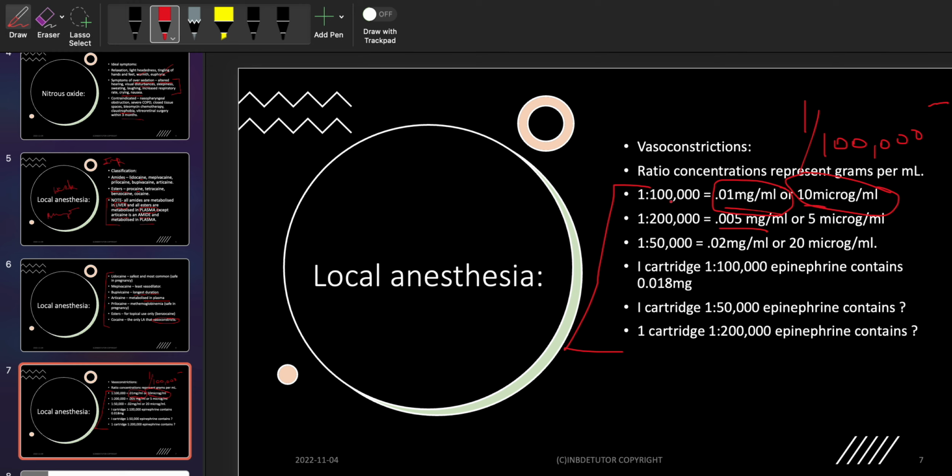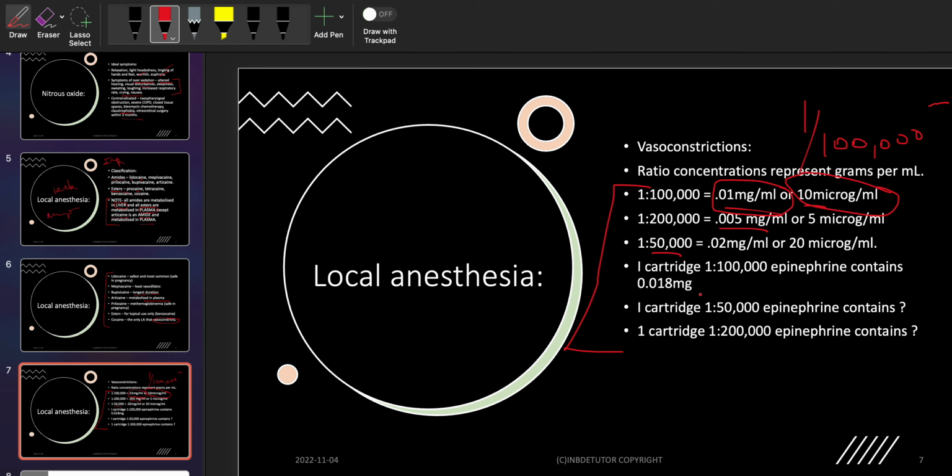And 1 is to 50,000 is half of 100,000, so I will double this, which will be 0.02 milligram per ml or 20 micrograms. So this is how I like to remember. I'm not very good at math, so I prefer to just remember these calculations as they are.